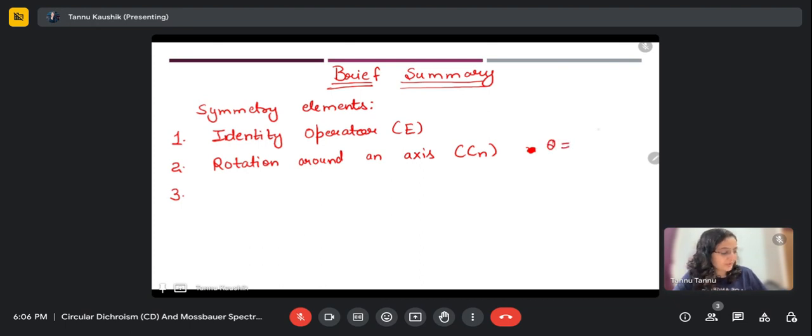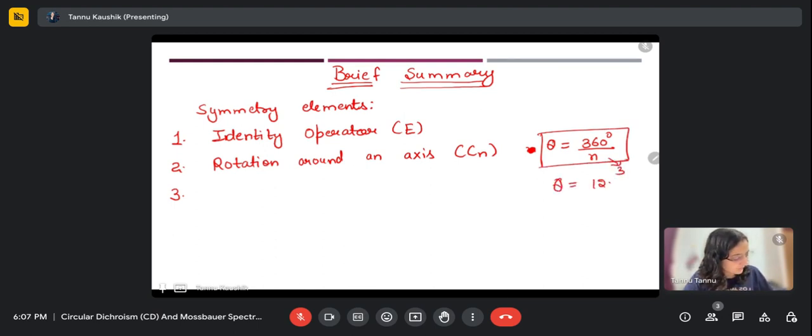For example, if we are rotating the molecule around C3 axis, then this n will be 3 and theta will be 120 degree.